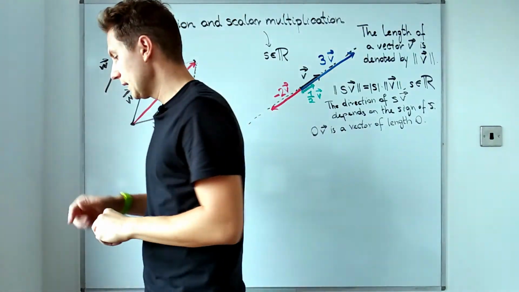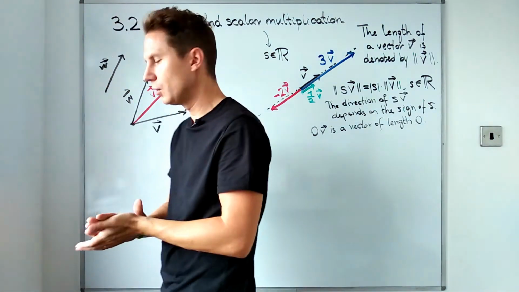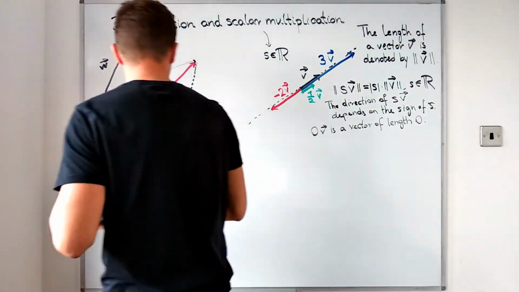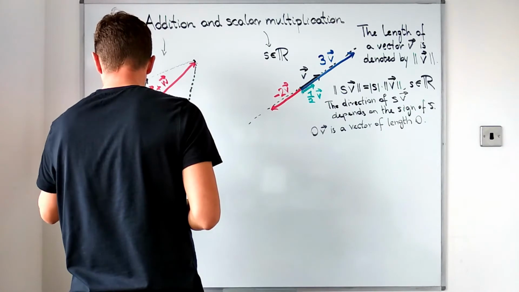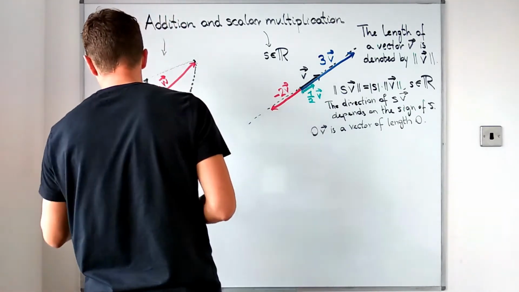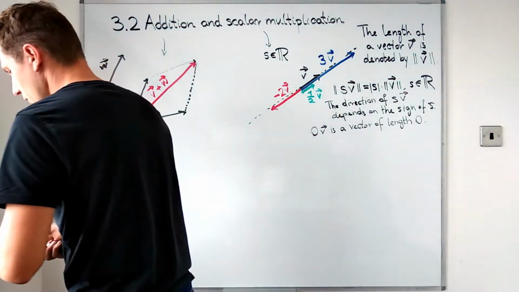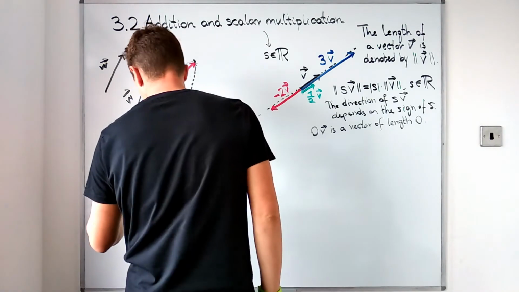Now let me test your understanding by giving you a few examples, to see whether you have understood what we mean by adding two vectors. Let's take two vectors.